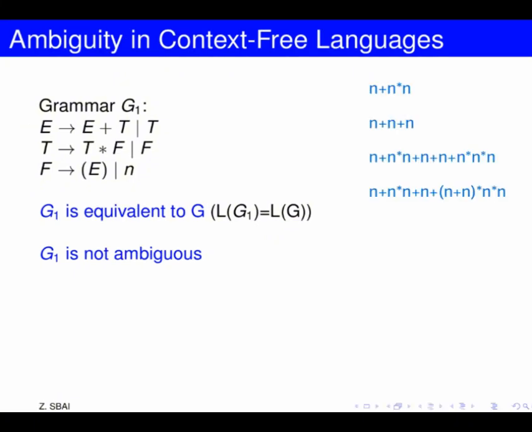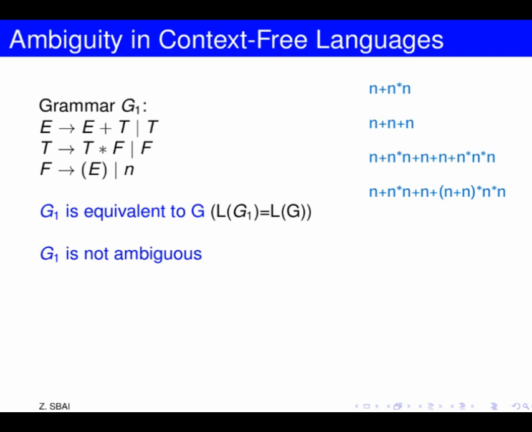In order to find this grammar, let us recall that we want to generate this type of strings. It may be n plus n multiply n, or n plus n plus n. It may also be any sequence of additions and multiplications between numbers.